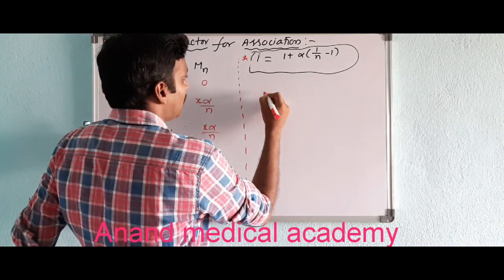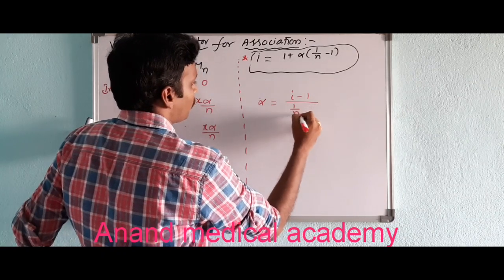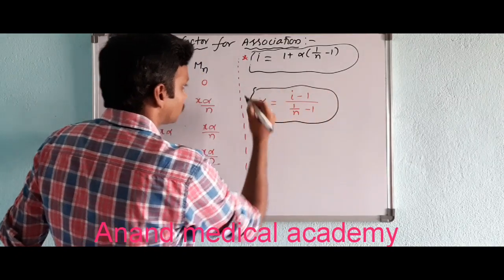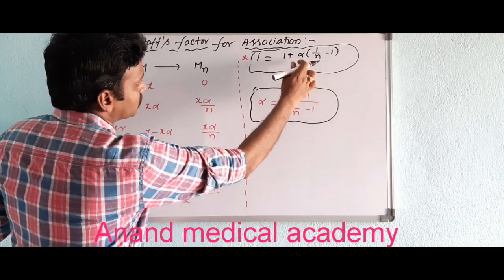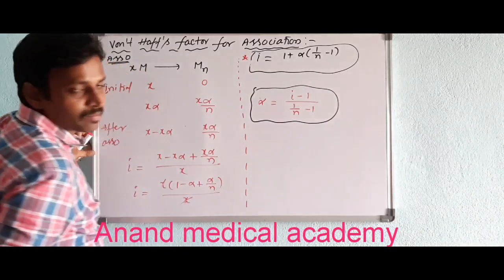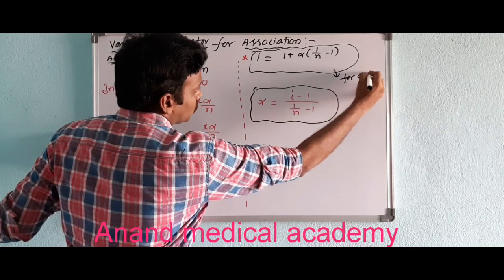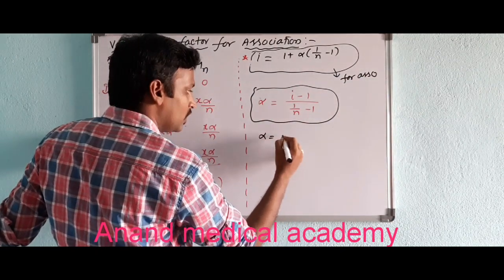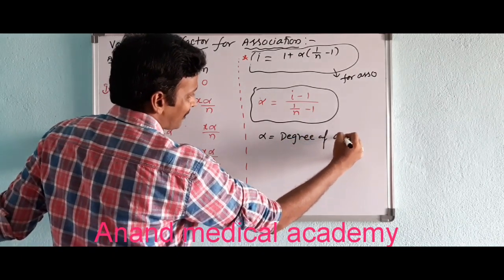So what exactly is alpha now? Alpha is equal to i minus 1 by 1 by n minus 1. This is what alpha is. 1 comes here. So alpha is equal to i minus 1, and this term will be in the denominator, 1 by n minus 1. Is this for association or dissociation? For association. Here alpha is also the degree of association.